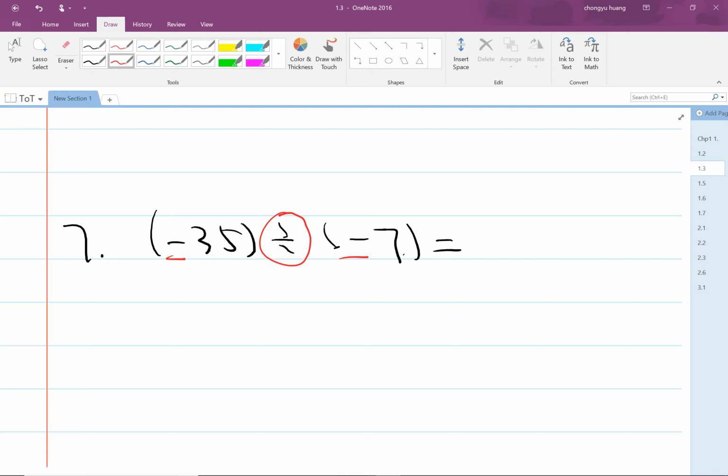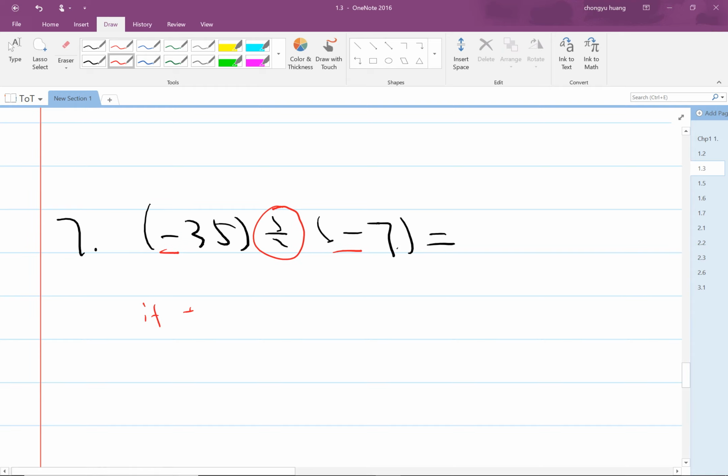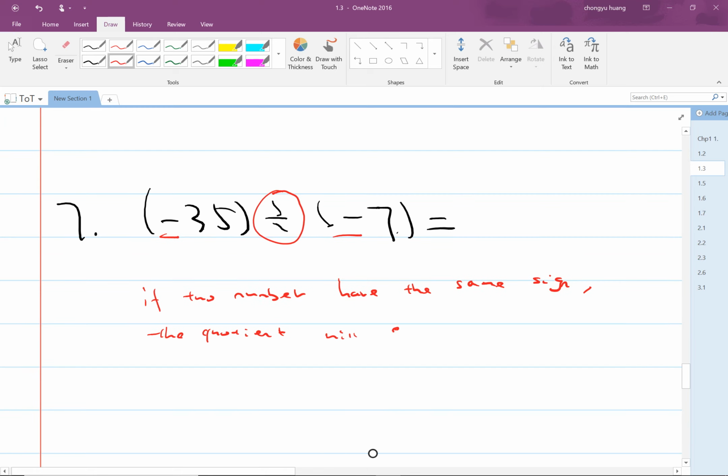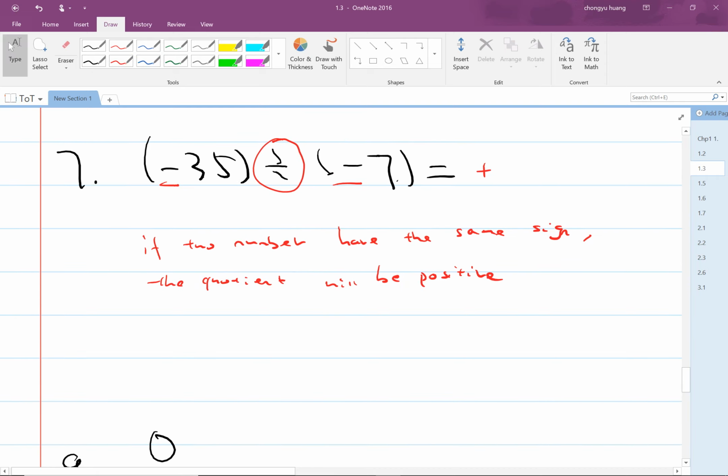So remember one of the properties applies: if two numbers have the same sign, the quotient will be positive. So the answer here is going to be positive. After that, you just have to do the rest of it.